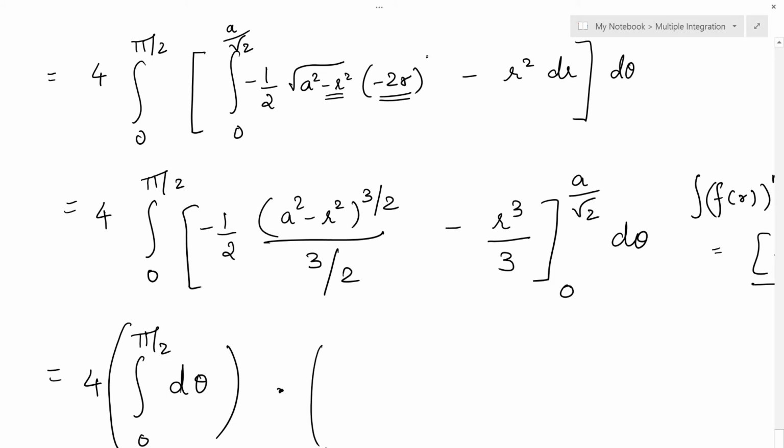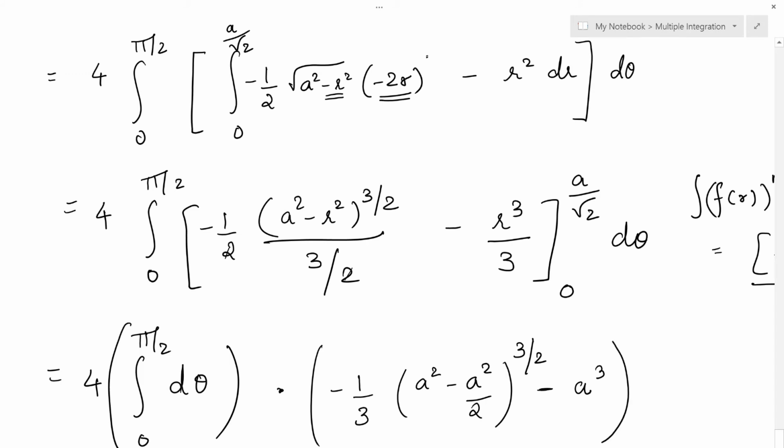So the limits here will be 2 will get cancelled and 1 by 3 will come outside, right? And let's substitute the upper limit minus the lower limit. So this will be a cube by 3 root 2, right?